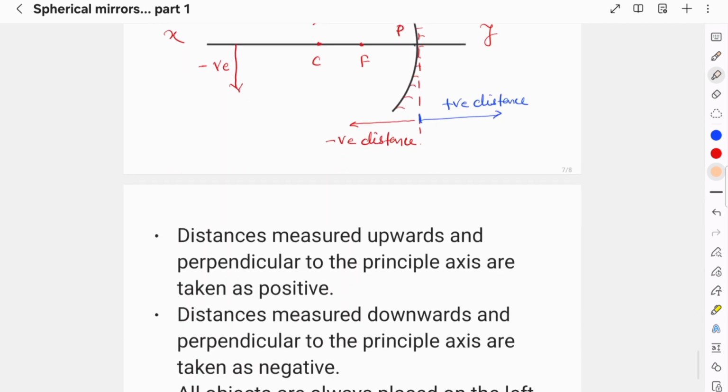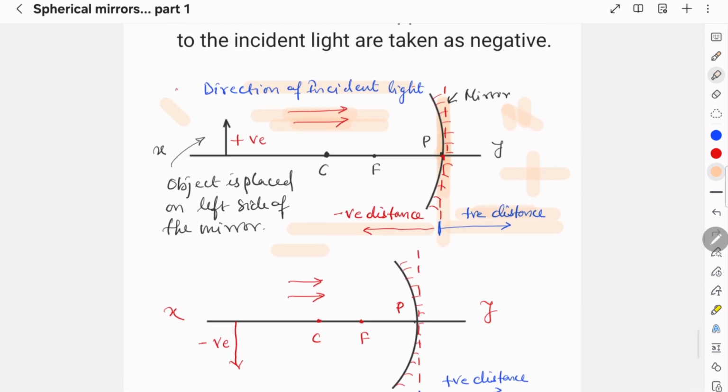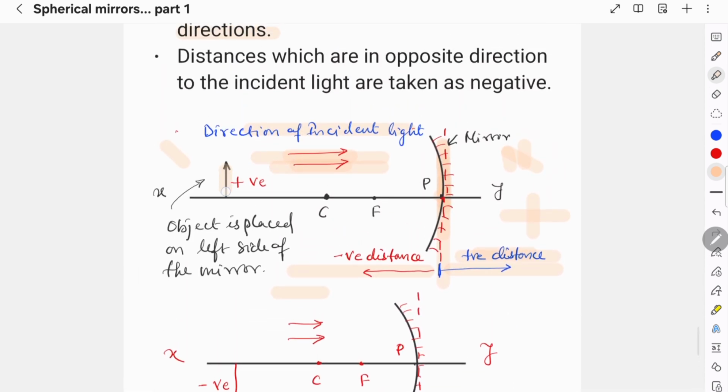Now the distance which are measured upwards and perpendicular to the principal axis are taken as positive. Now see in this diagram, this is the object, and the object is perpendicular to the principal axis, and the height of this object is upwards. So this will be taken as positive. So any distance which is taken upwards from the principal axis and is perpendicular to the principal axis is taken as positive.